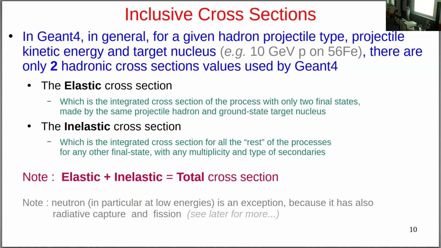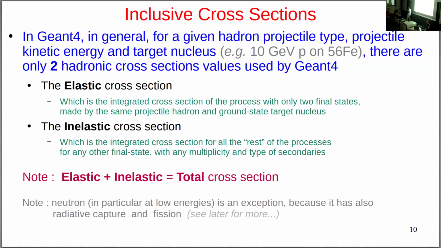And these two processes in a Monte Carlo transportation like Geant4 are competing with each other, which means in Monte Carlo, we draw a random number, and according to the cross-section, we choose one or the other. Suppose that the inelastic cross-section is twice as big as the elastic, we throw a random number. If the number is below 0.33, we say this will be elastic. If it's above, then we say it's inelastic.